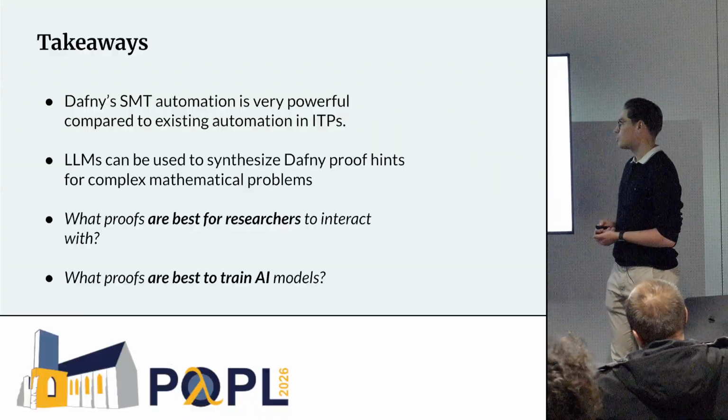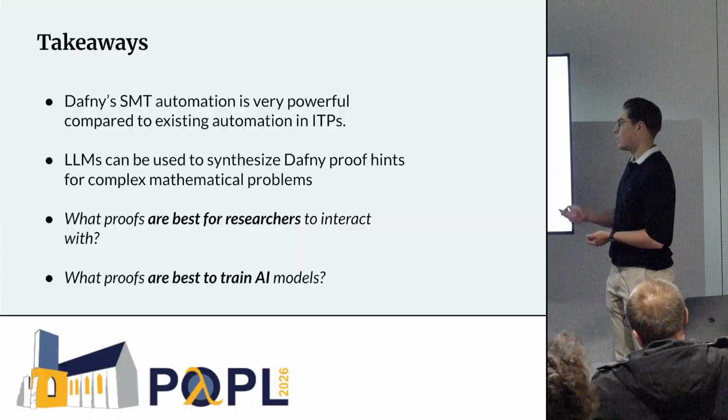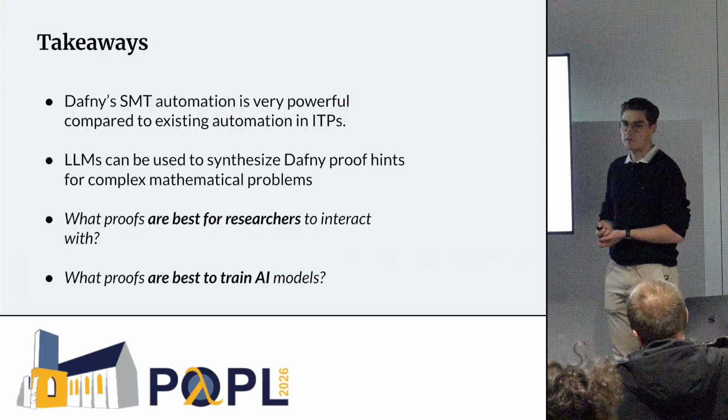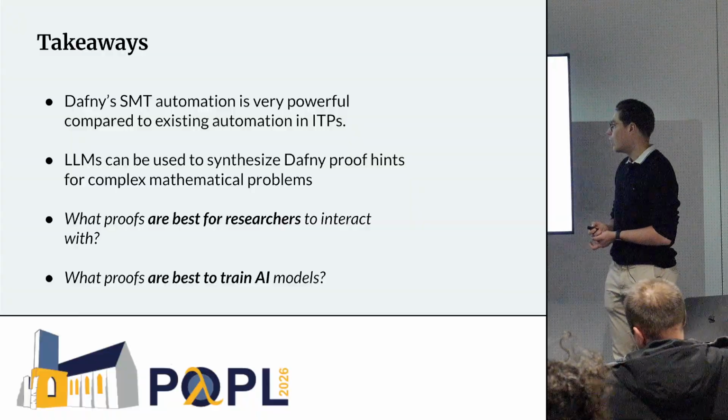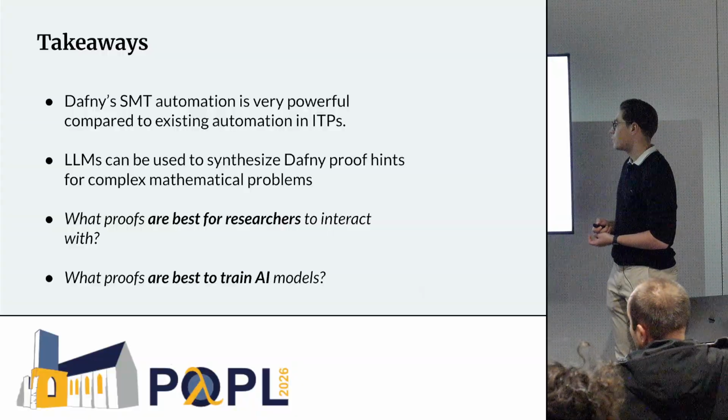So Dafny still outperforms by quite a bit. Secondly, LLMs can be successfully used to synthesize Dafny proofs for complex math problems. And that's sort of a new finding we've seen.